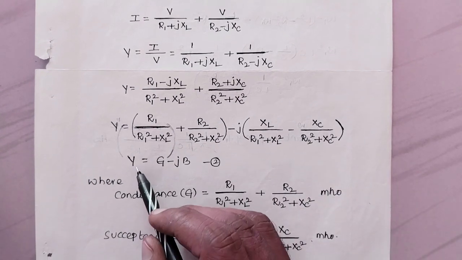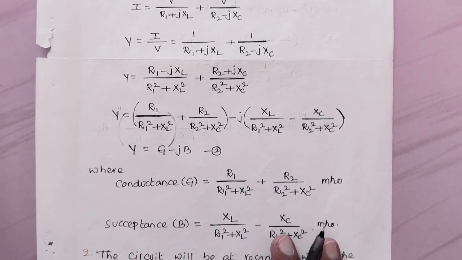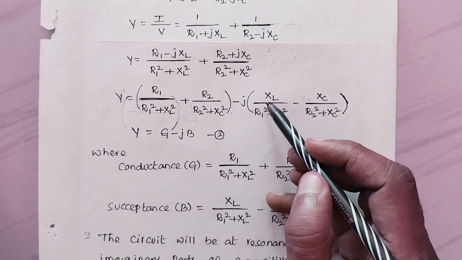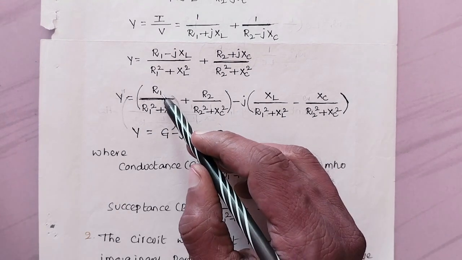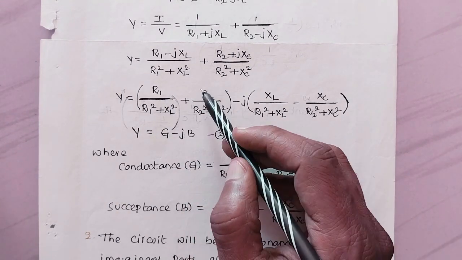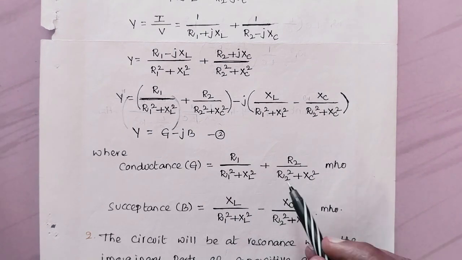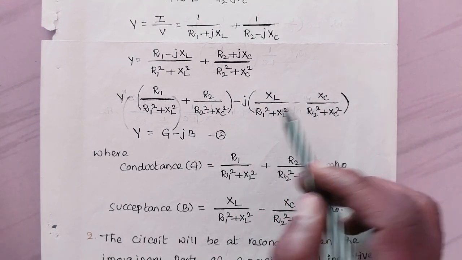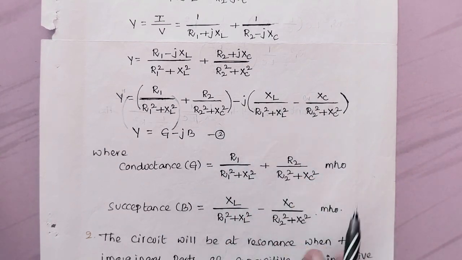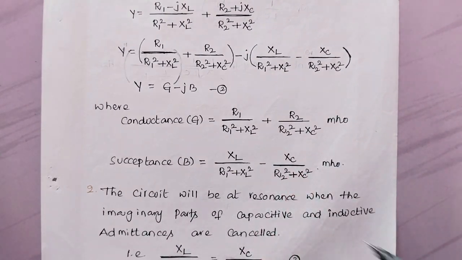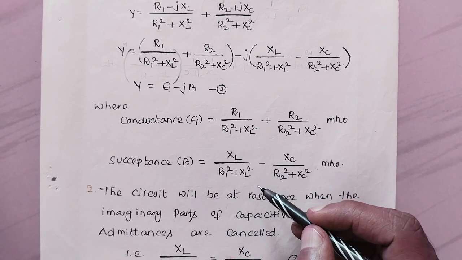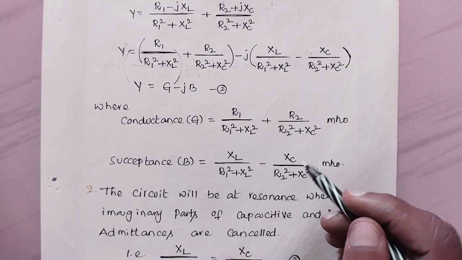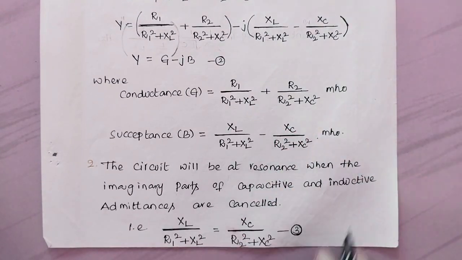This is in the form Y equals G minus jB, where G is called conductance. G equals R1 by (R1 square plus XL square) plus R2 by (R2 square plus XC square); the unit is mho. Similarly, this part is the susceptance B. Susceptance B equals XL by (R1 square plus XL square) minus XC by (R2 square plus XC square) mho.